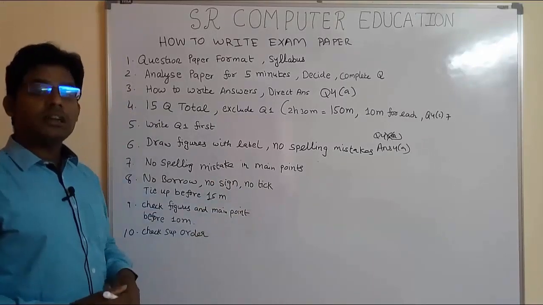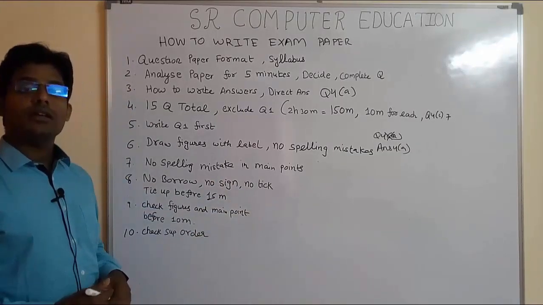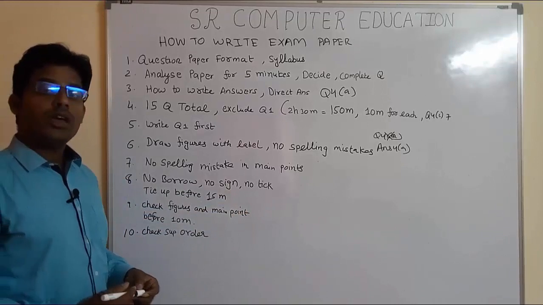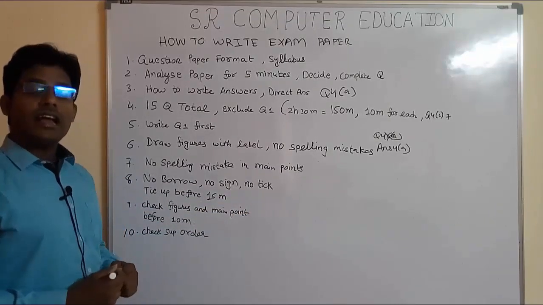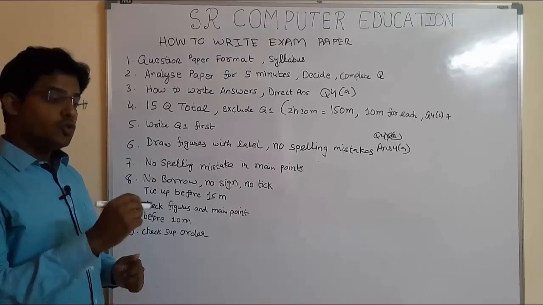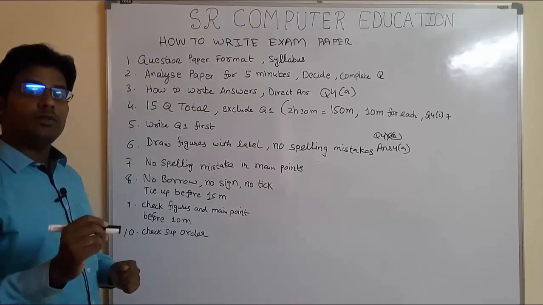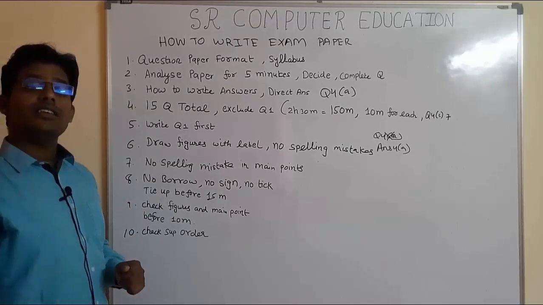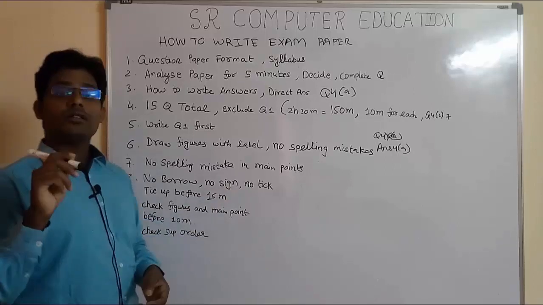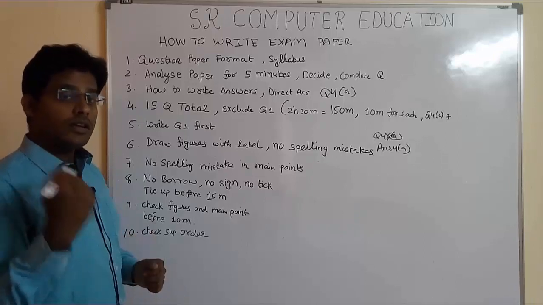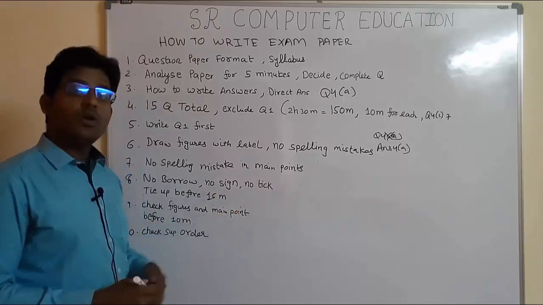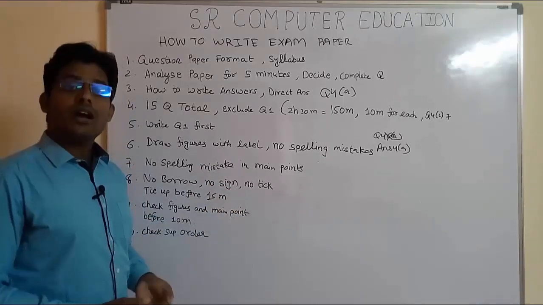Suppose you put a tick mark on question 1a, question 2a, question 3b and 3c. That means the examiner will think that you know these questions, and you want another classmate who is sitting in front of you or behind you to tell you the other answers.